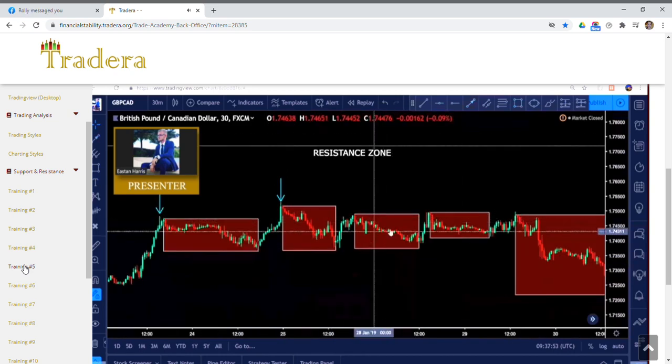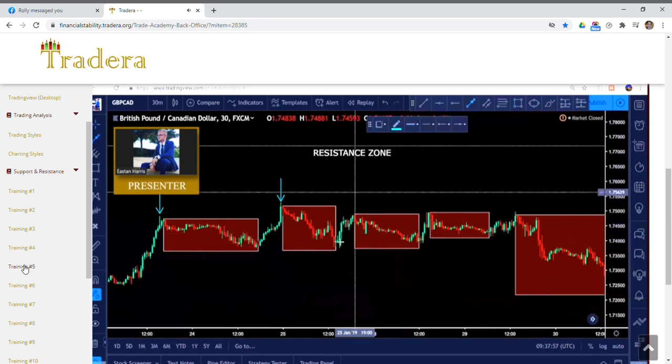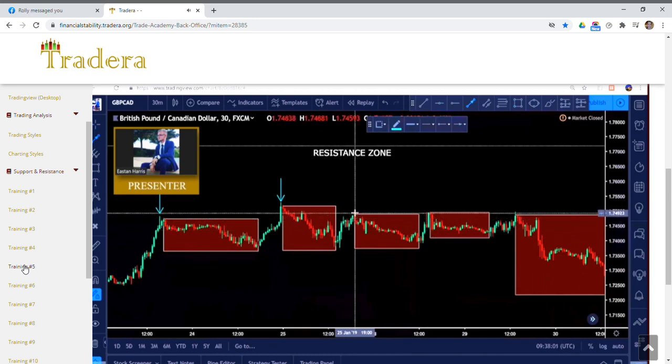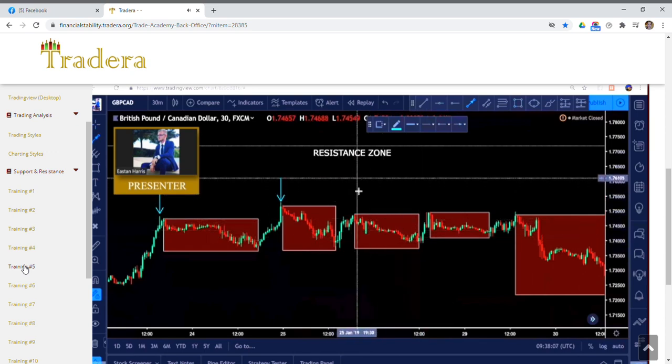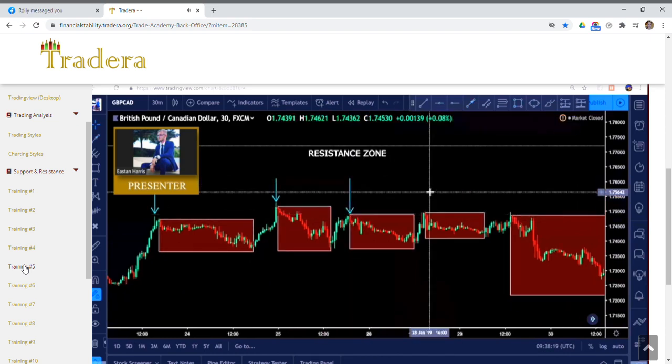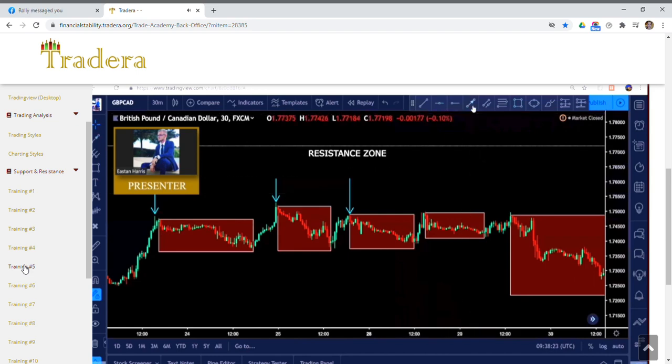Where did this move originate from? Here's our bullish move. How high did it get before price went bearish? It's right here. These are our points within the market. These are what we want to take note of. These zones are very specific, and this is how they need to be drawn.